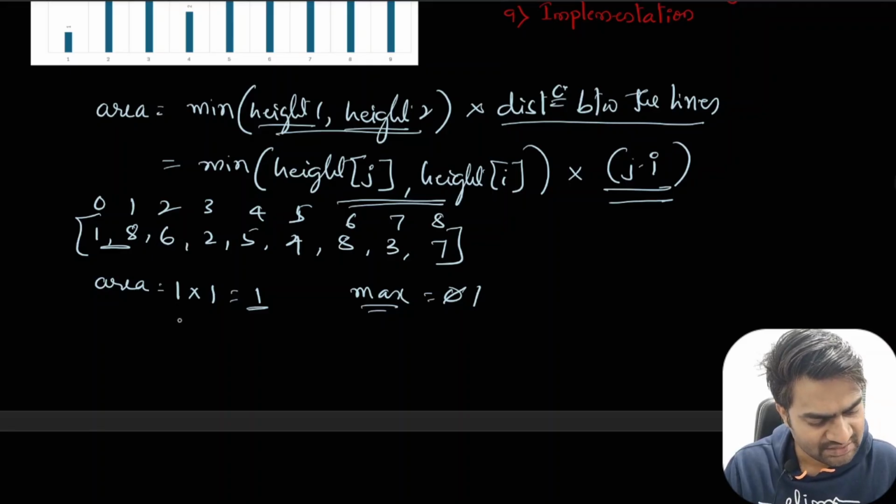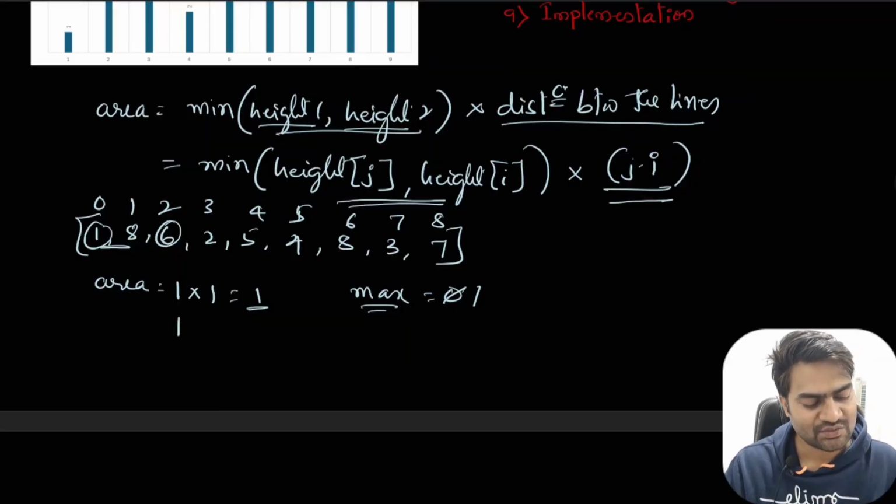Now repeat the same between this and this value, 1 and 6 now. So minimum is 1. So here one thing you can observe, always we consider the minimum value, correct, right? So if that is the case, here 1 is the least possible value. So in all the cases it will be 1. Only the distance will keep changing. Initially it will be 1, then it will be 2.